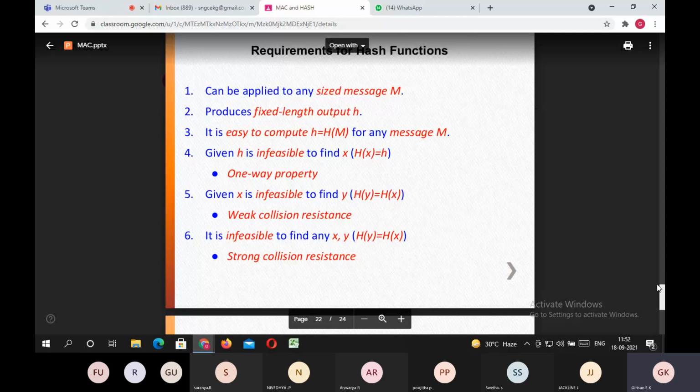This is called the one-way property. Then the fifth requirement is: given x, the original message, it must be infeasible to find y such that H of x is equal to H of y. Y is another message. So it is called weak collision resistance.